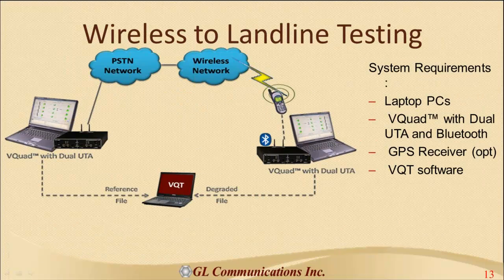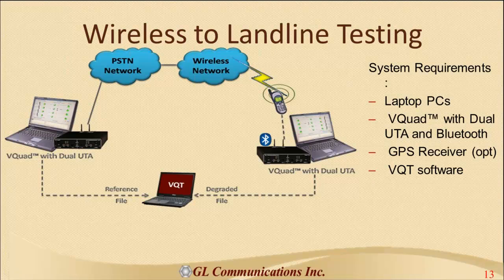This is another slide which shows wireless testing between a wireless network and a PSTN network. As you know, you can connect an FXO line to a dual UTA, which acts as a PSTN analog phone network, and to a wireless network using Bluetooth.